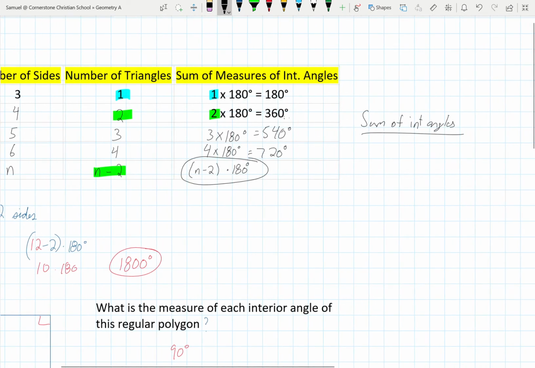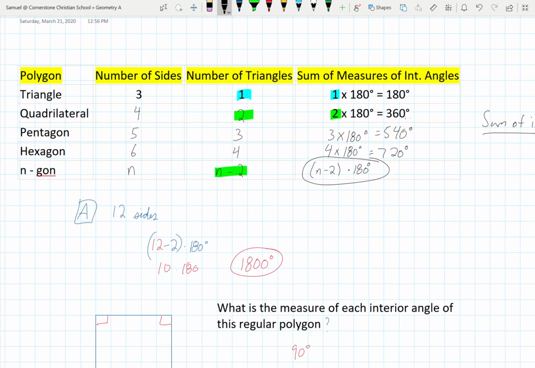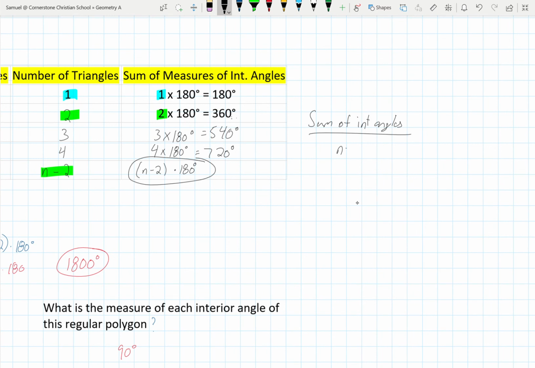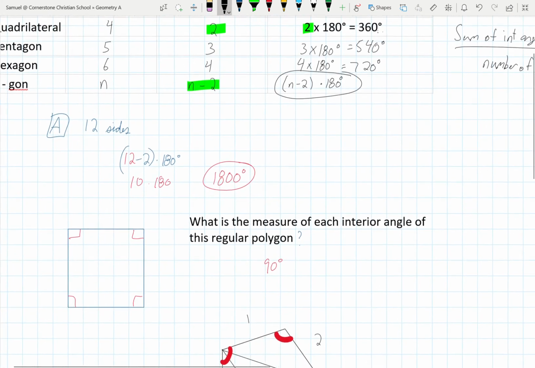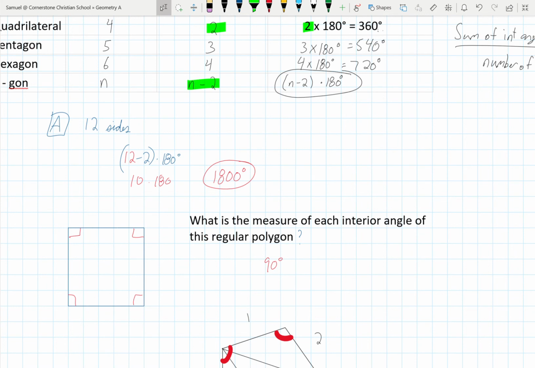Well, 360 divided by 4, so I took the number of sides. So, sum of interior angles divided by the number of sides. Again, for this square, 360 divided by 4 gave me 90 degrees for each.